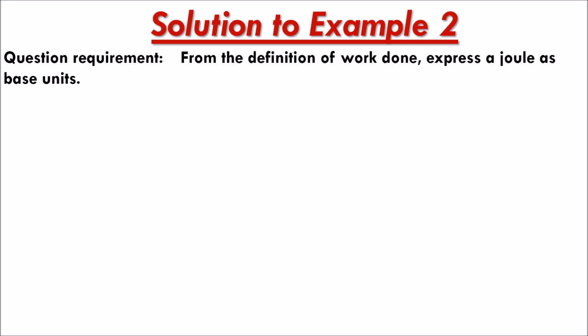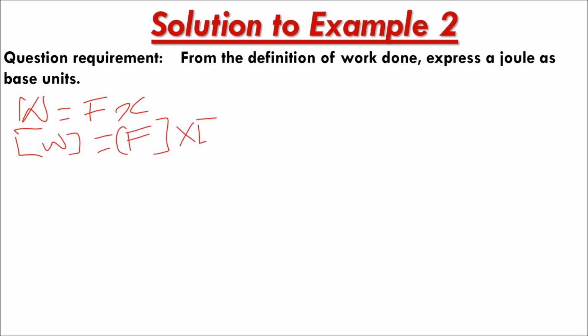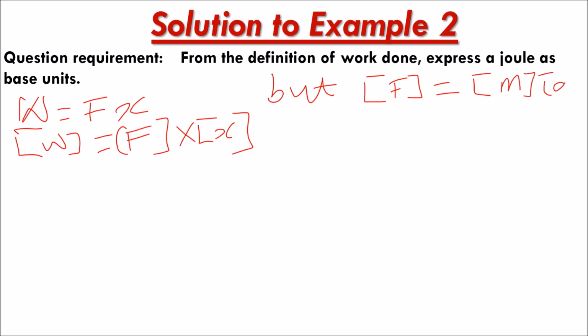So we will say work done is equal to force times distance. Therefore, the units of work done are equivalent to the units of a force multiplied by the units of distance. But we know that the units of a force, according to Newton's second law, are equivalent to the units of mass times the units of acceleration.